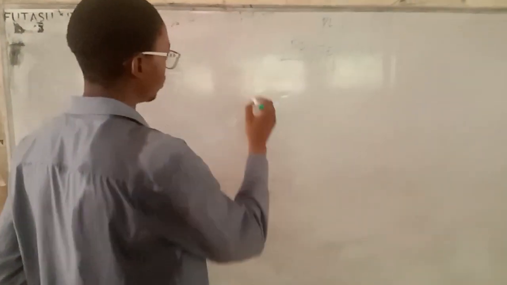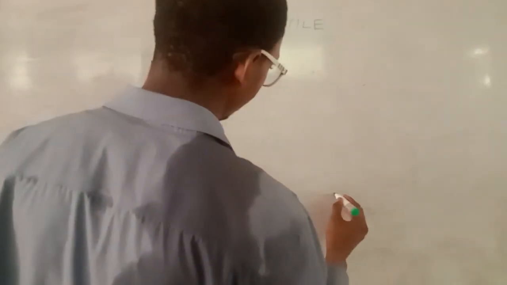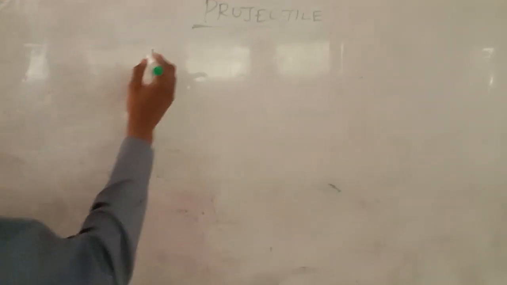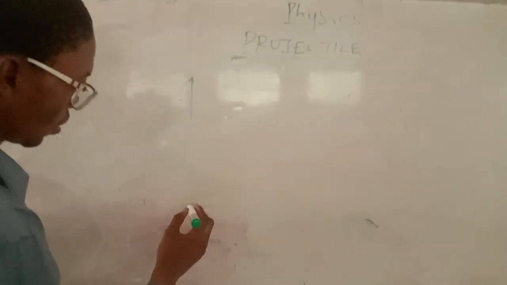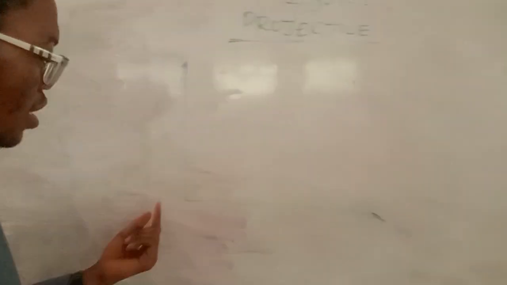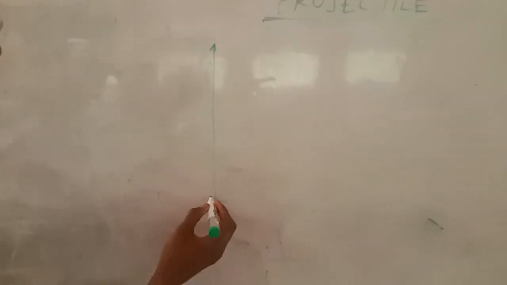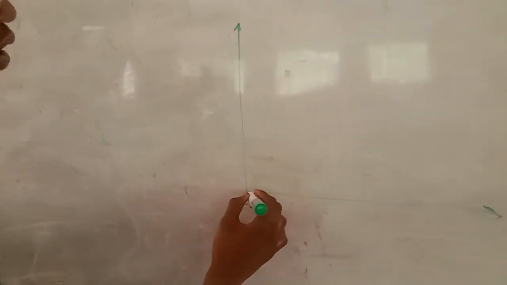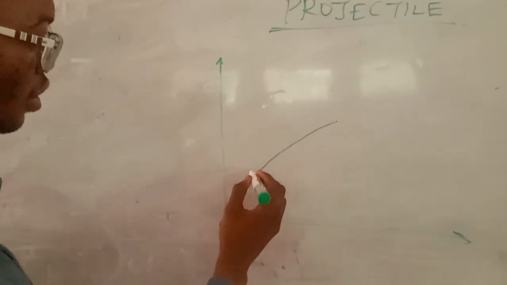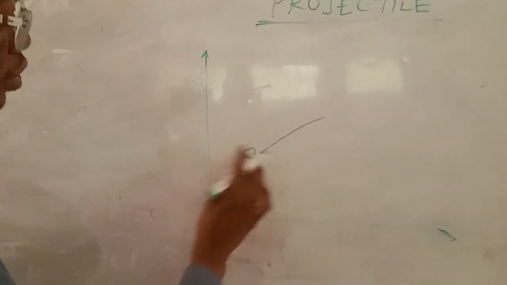Now, let's have a diagram illustrating the projectile. Let's say our object is thrown from here. Let's say a ball, or let's say a javelin.